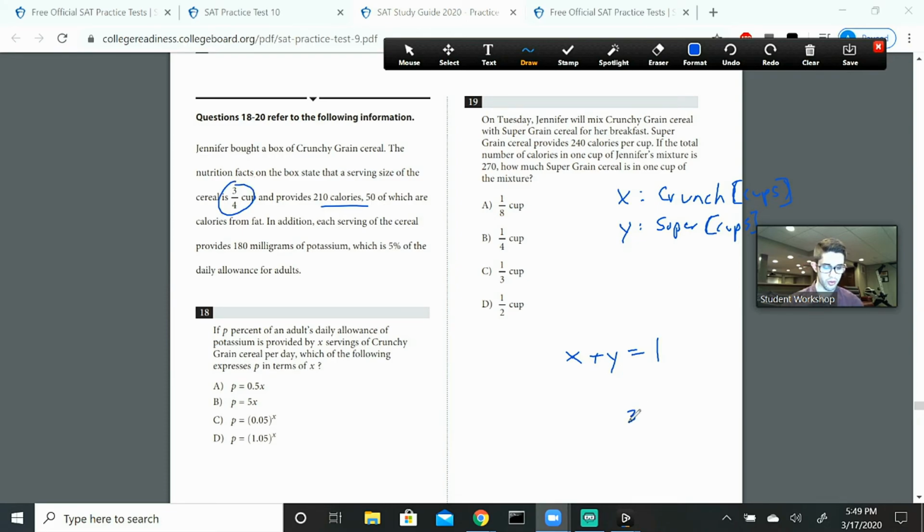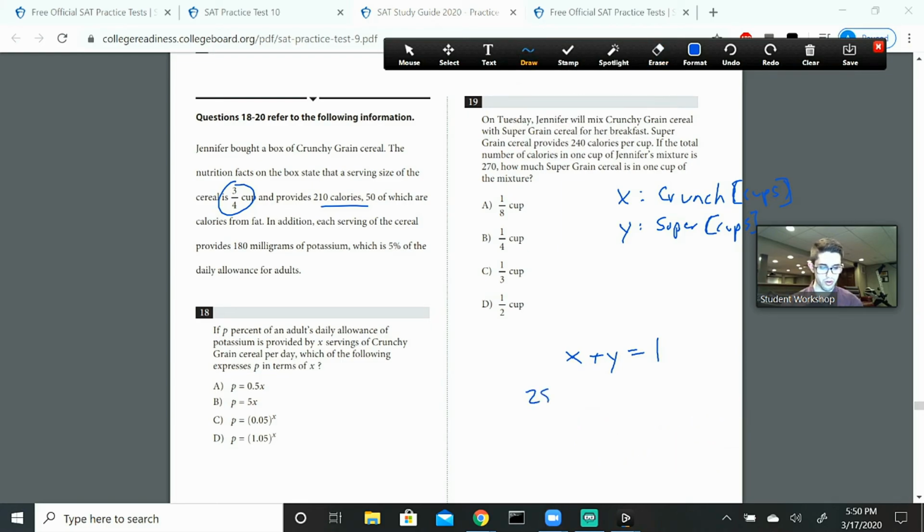So we have to say 3/4 is to 210, like 1 is to, and in order to get to 1, we would multiply both sides by 4/3, and that would be 280. So 1 cup is 280 calories.